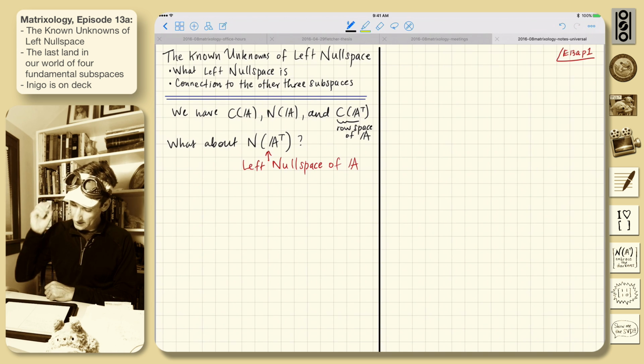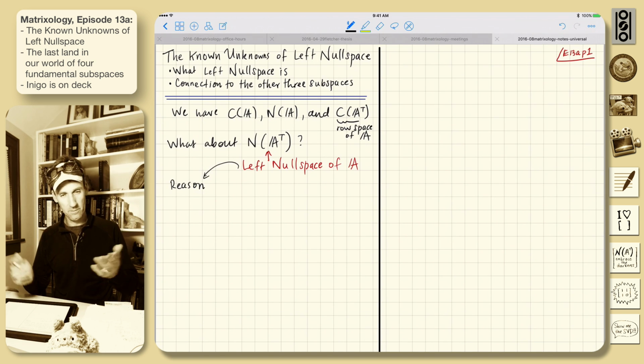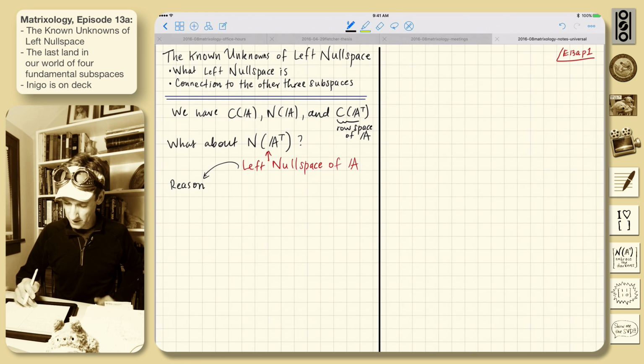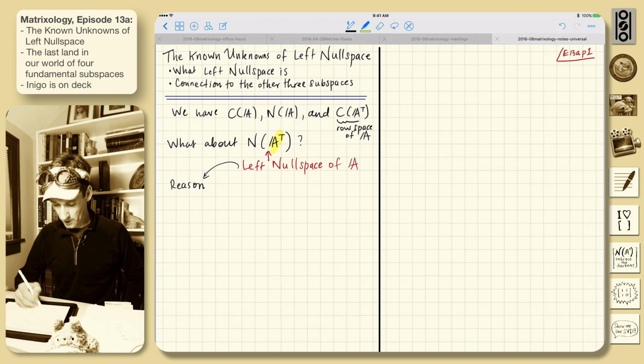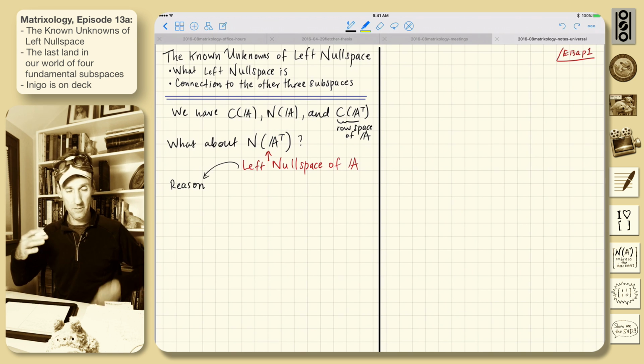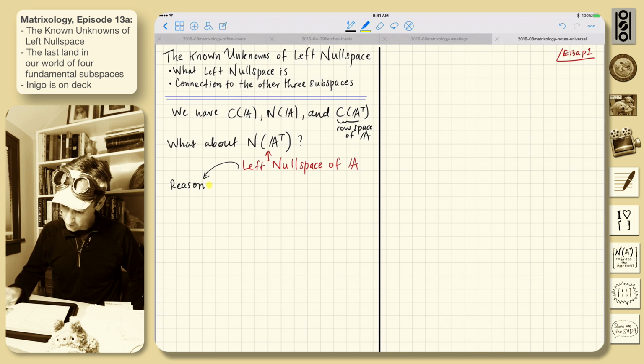So let's figure out why this is called left. The reason for the name: we've got a matrix, we can find its null space, right? What we're doing here is just the null space of some blob, and that blob is the transpose of A. So let's do it.